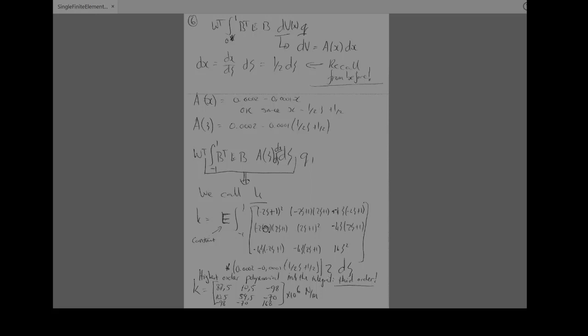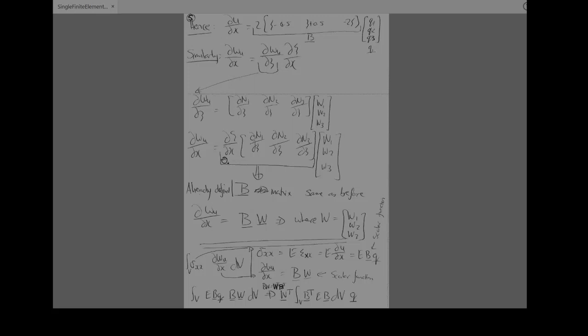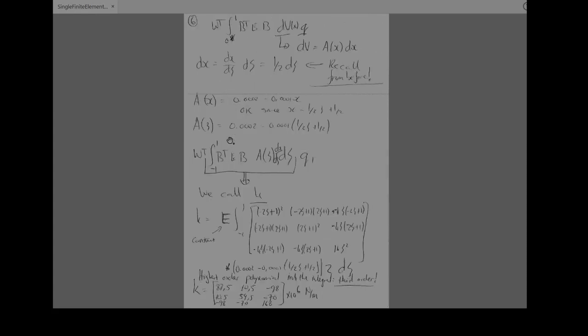The one thing that I want you to be sensitive about is when you look at this B matrix. This B matrix has a dψ/dx in there, and dψ/dx is 2 over l. So that's a 2 that we have there, and there are 2 of them. So there's a 2 in this B, there's going to be a 2 in front of that matrix, and there's going to be a 2 in front of this matrix, if I want to pull it out.